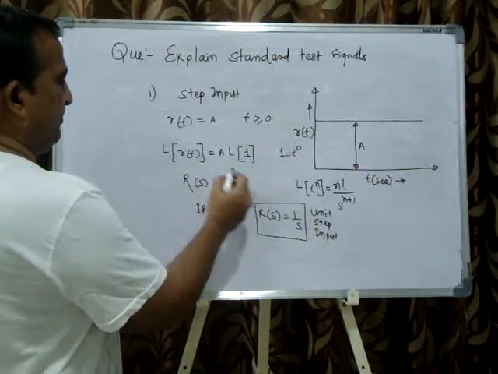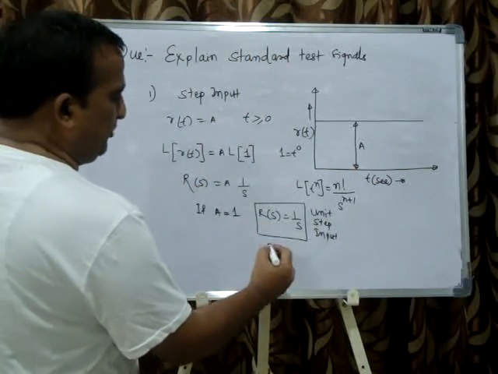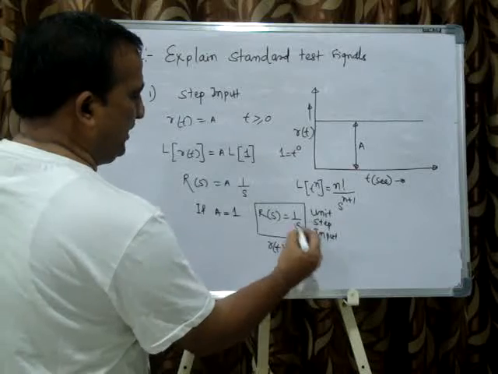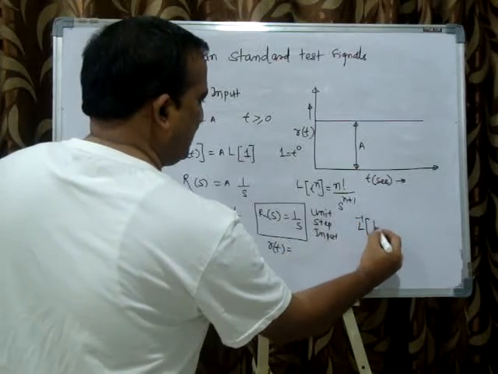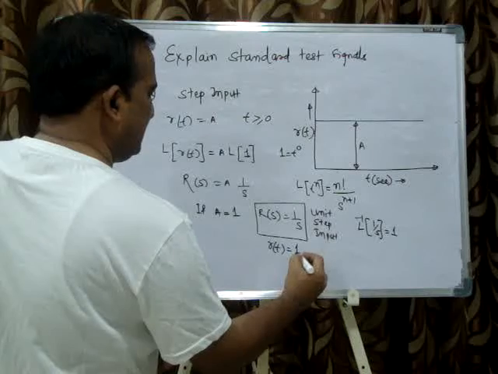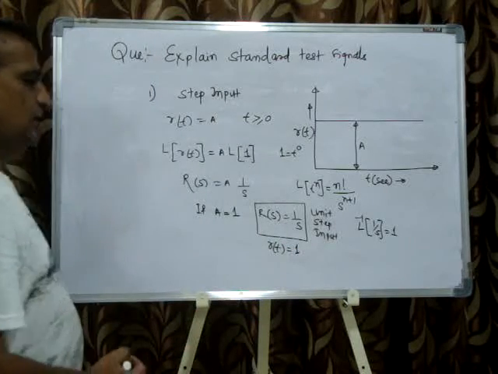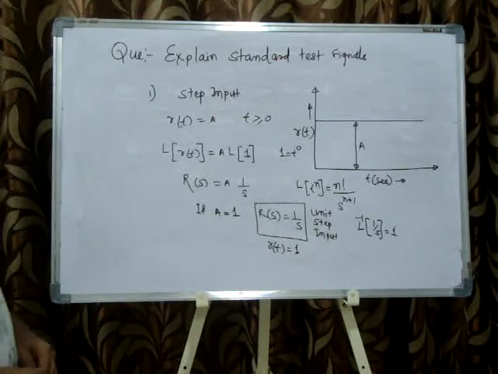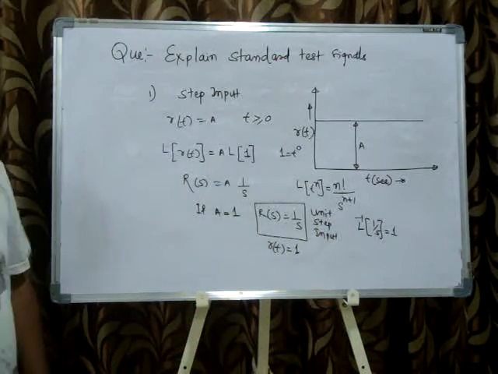This is called step input, and this is called unit step input. You can write in the time domain also. Laplace inverse of 1 by s is what? 1. So I can write reverse also. So r of t equal to 1, or R of s equal to 1 by s, is called unit step input.